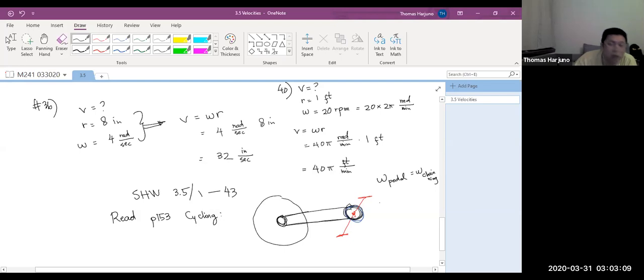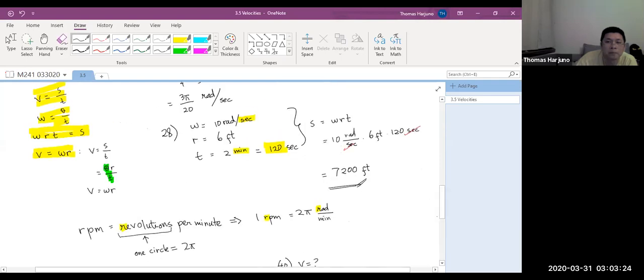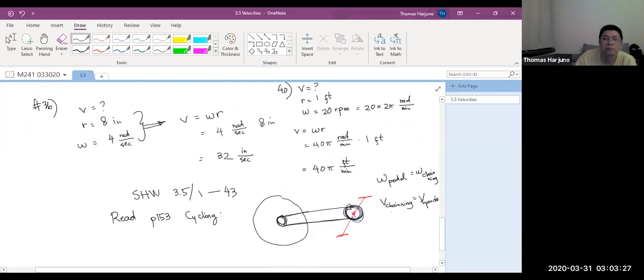It will be the linear velocity. The linear velocity of the chain ring will be equal to the linear velocity of the sprocket. Then the angular velocity of the sprocket is the same as the angular velocity of the rear wheel.